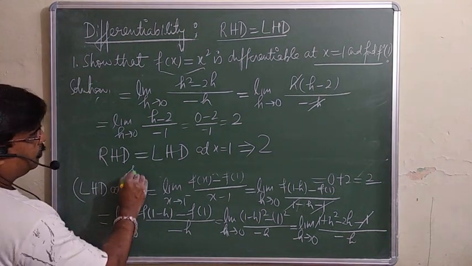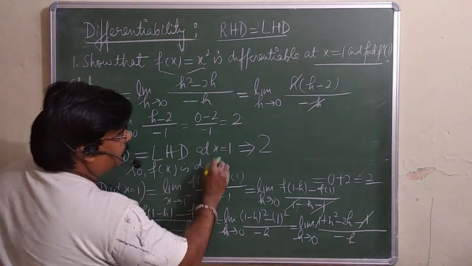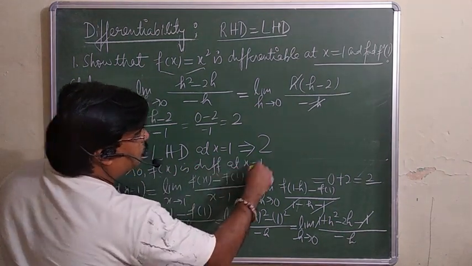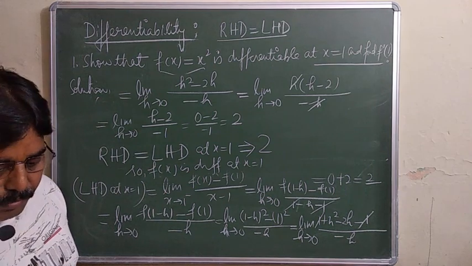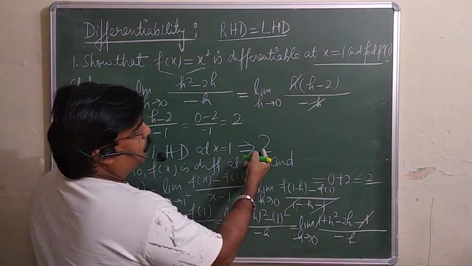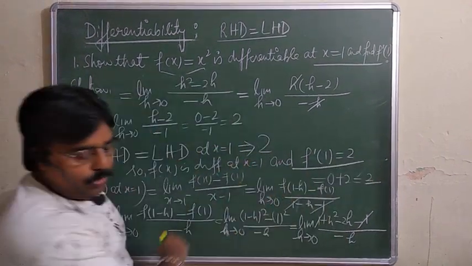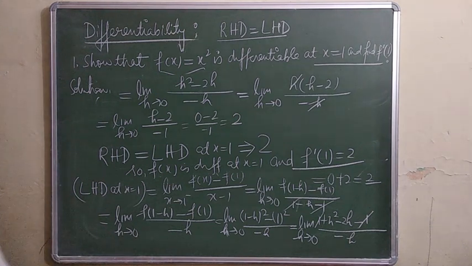So f(x) is differentiable at x equal to 1, and f dash 1 will be equal to 2. Have a look.